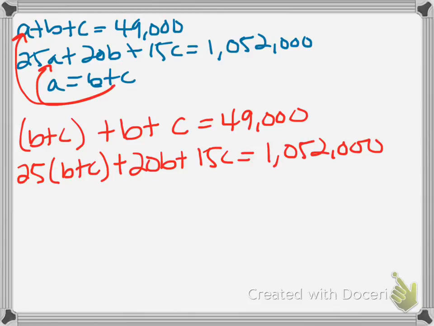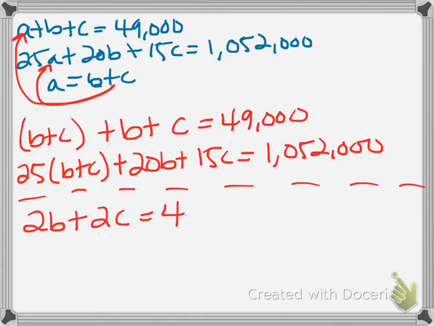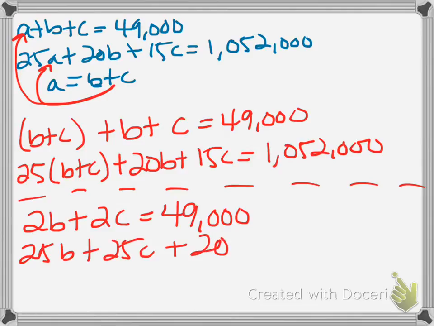There's nothing to distribute in our first one, so I'm just going to go ahead and combine like terms. So I have 2b plus 2c, and that's going to give me the 49,000. Here I have 25b plus 25c plus 20b plus 15c, and that gives me the 1,052,000.